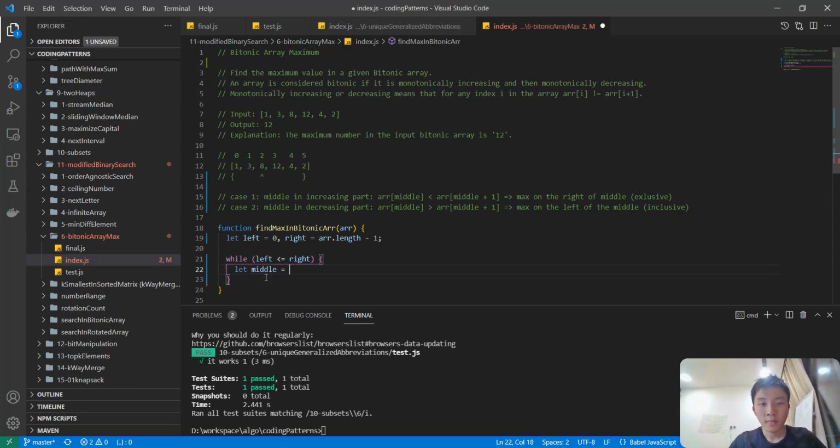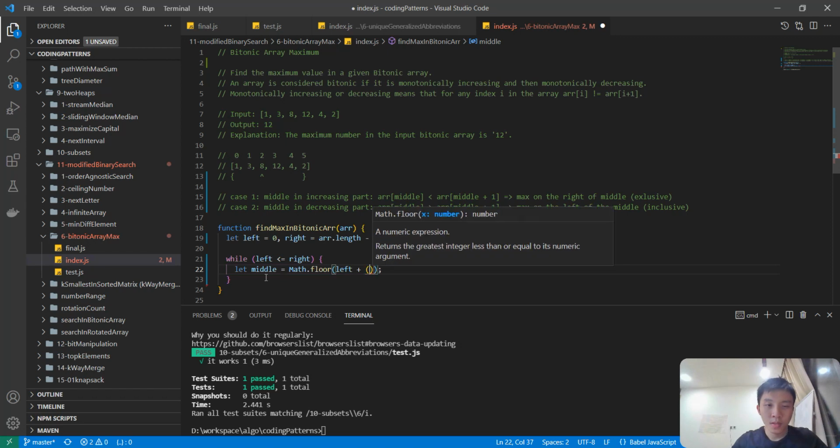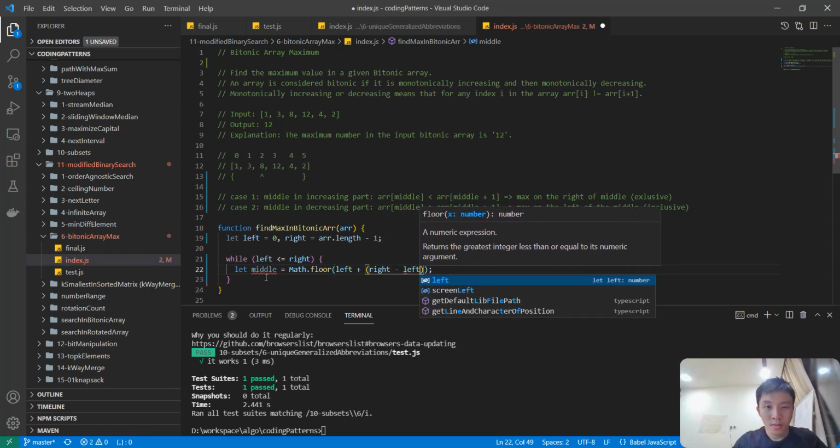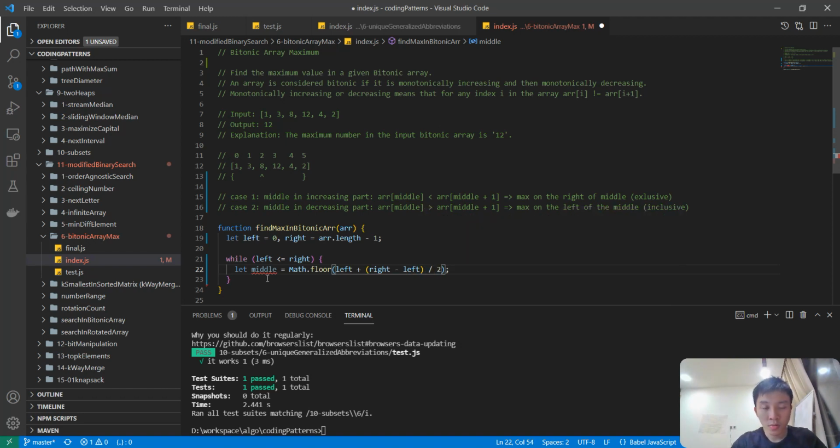To find the middle index, it's easy. Inside, I will take left plus right minus left divided by 2, okay, and round down, and we can get the middle index here.